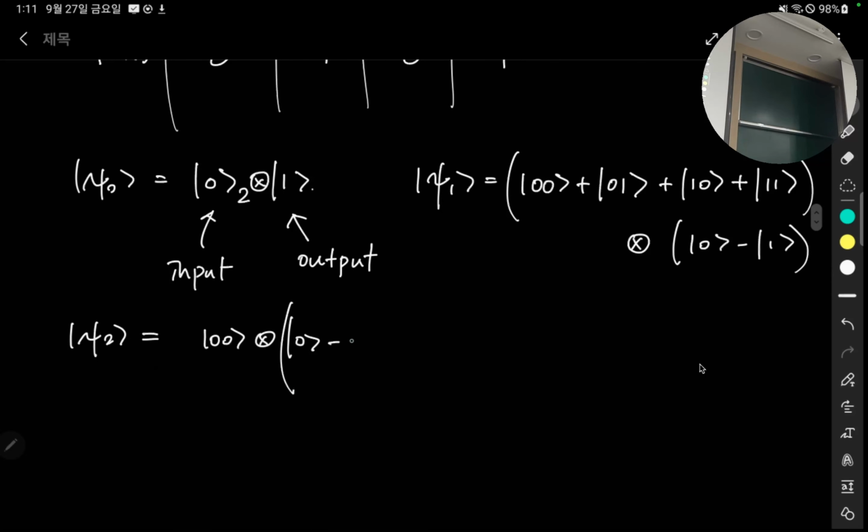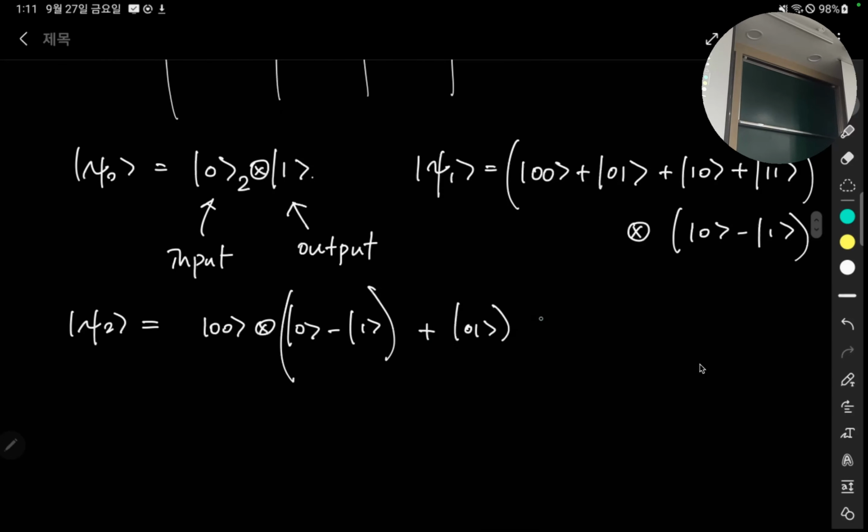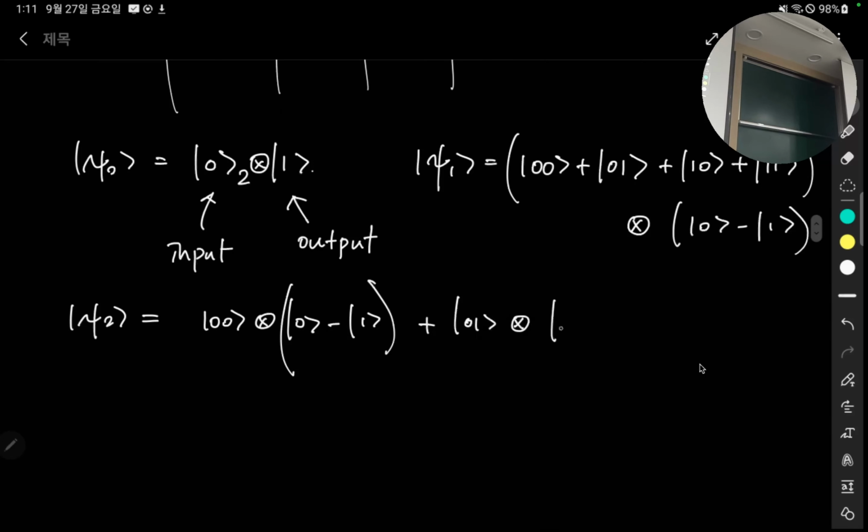So 0, 1 has a value 1, right? So now it's 1 minus 0. And then 1, 0, the function has value 0. So we have 0 minus 1.